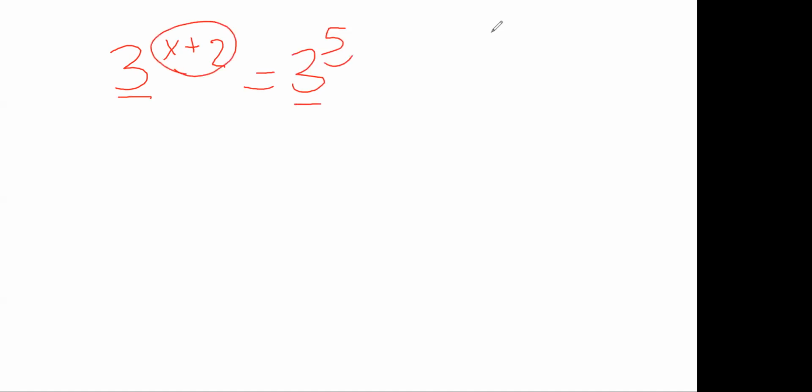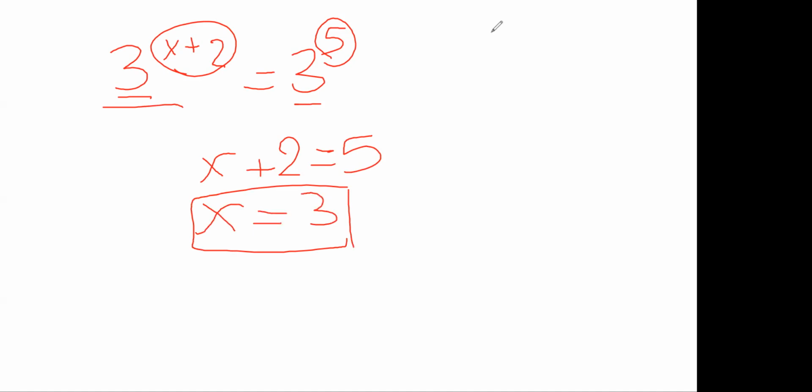For example, if I have 3 power x plus 2 equals 3 power 5. Here already the bases are equal, so the powers must be equal. So in this case, x equals 3 to make them equal.